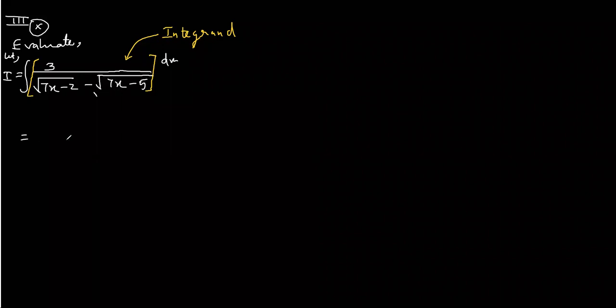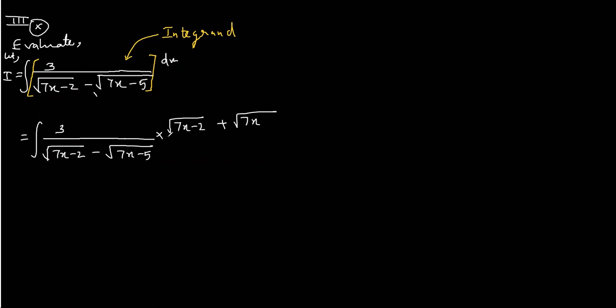So here I have 3 upon root of 7x minus 2 minus root of 7x minus 5, into root of 7x minus 2 plus root of 7x minus 5, upon root of 7x minus 2 plus root of 7x minus 5, dx. What I did was multiply by the conjugate of the denominator.